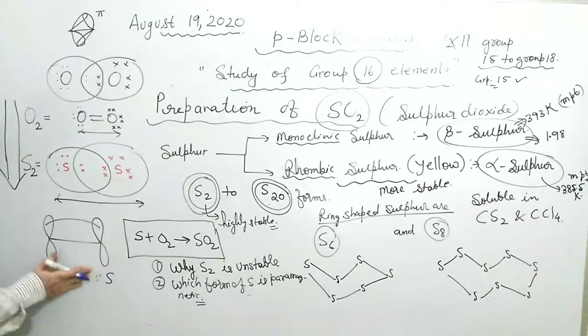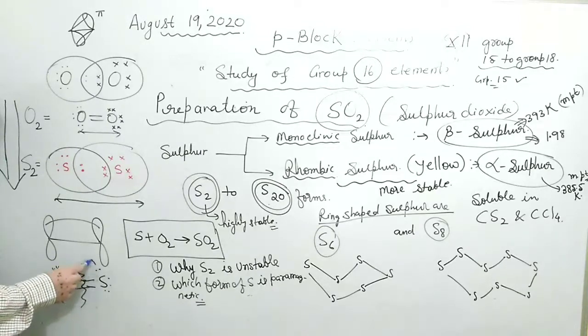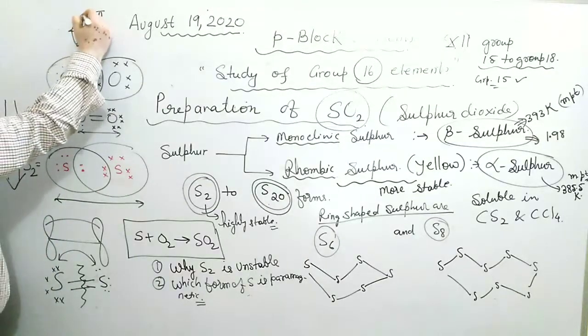To give you a visual treat, I can make it a little bigger. S2 will be weaker than O2 and it will try to break. This is the first thing. The second thing is that it will have more diffused electron pairs because of its larger size, and interelectronic repulsion will also be there. Here also interelectronic repulsion is there, but since they are close, the electrons are able to pair up.